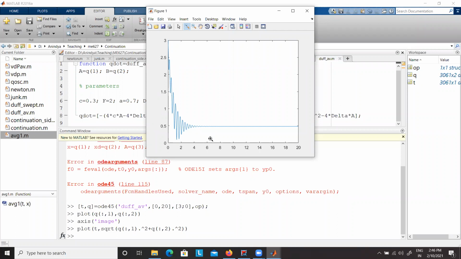How many of you believe that this oscillatory behavior is real? That it really will be seen? You don't believe, right? Who else is skeptical that averaging has given a meaningful answer?